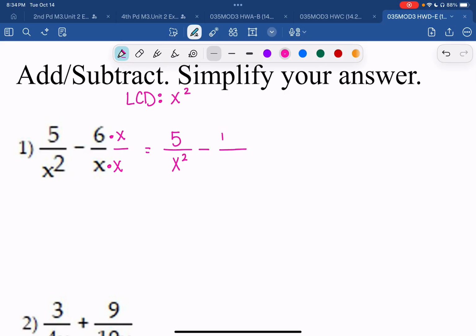Now this one becomes 6x over x squared. Now I have same denominators. So since I have same denominators, I can treat this as if they were one fraction. And I can have 5 minus 6x, and I'm done. Because there's nothing I can cancel or simplify on that.